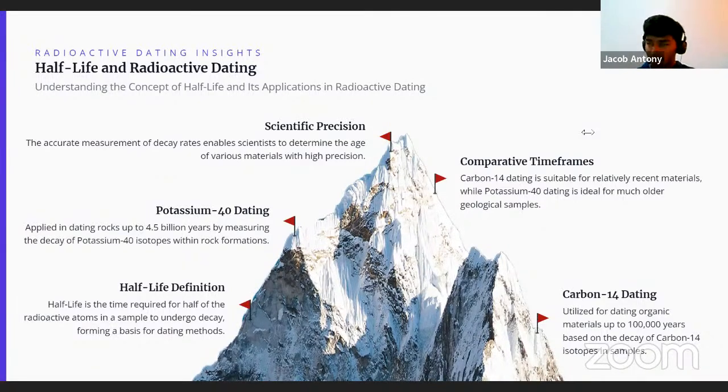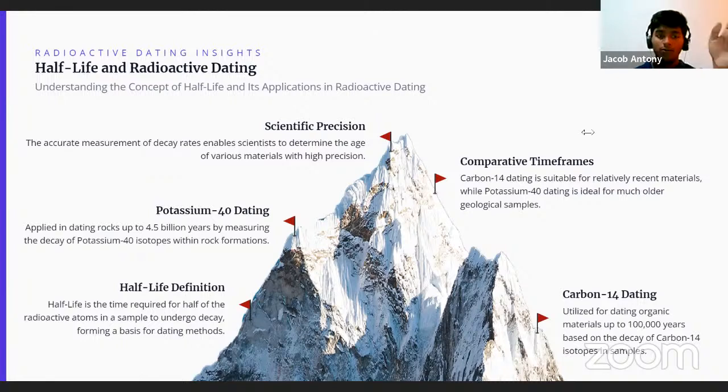Now, carbon-14 dating is utilized for dating organic materials up to 100,000 years based on the decay of carbon-14 isotopes in samples. If we talk about potassium-40 dating, it is applied in dating rocks up to 4.5 billion years by measuring the decay of potassium-40 isotopes within rock formations.